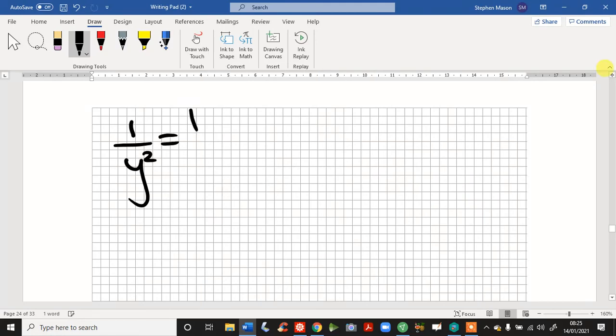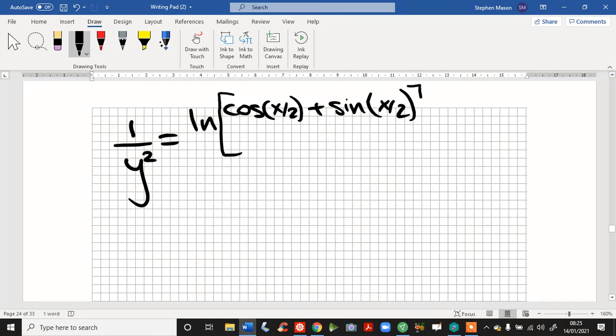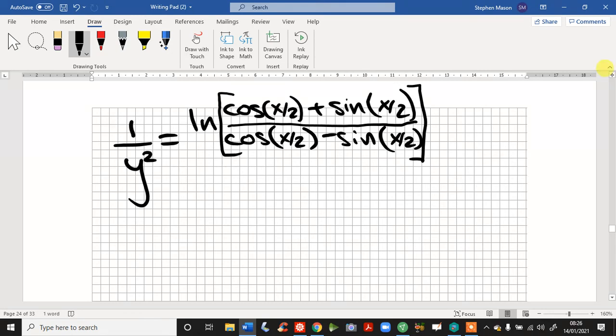equal to the logarithm of cos of x over 2 plus sine of x over 2. We'll close the bracket there, and that's divided by cos x over 2, just as before, minus sine x over 2, plus sec x tan x.